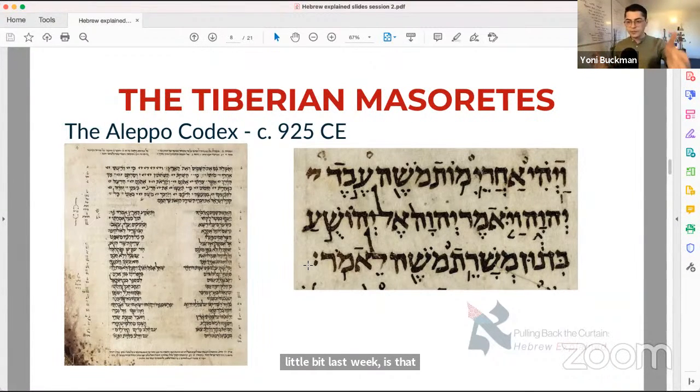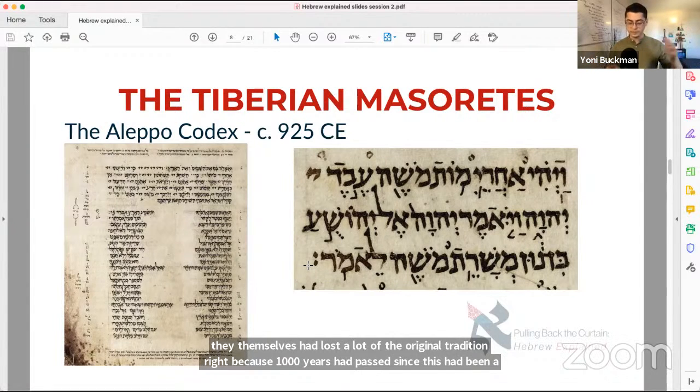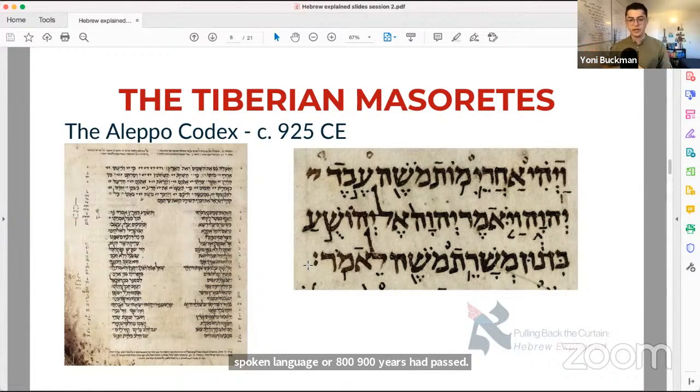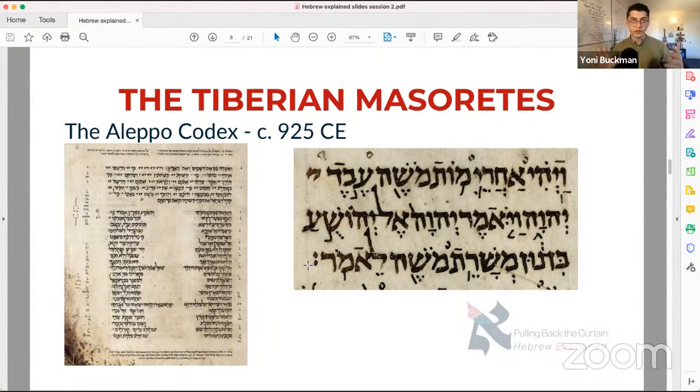And by the way, the Tiberian marking system is not the only one that exists. There's a Babylonian vocalization system, there's a Samaritan system, there's an Israeli, or, depending on what year the literature was written, it might be called the Palestinian system. So you've got all of these different systems of vocalization marks.